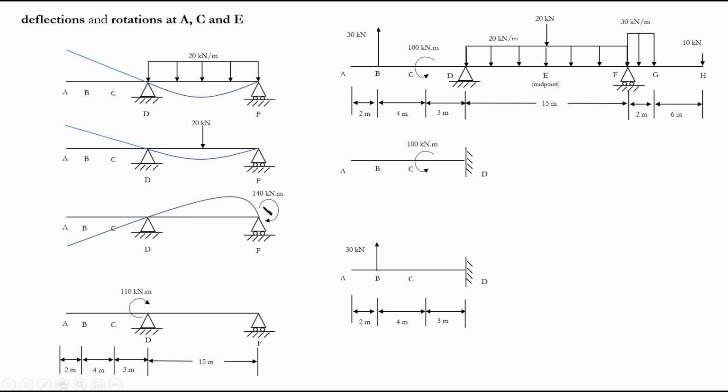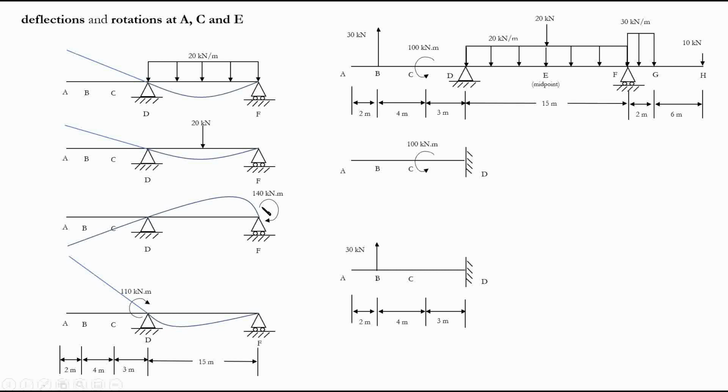Another question might be why it is maximum here, near the support. The reason is our concentrated moment is acting at the support, so the effect in terms of deflection will be much higher where it is nearer to the support.